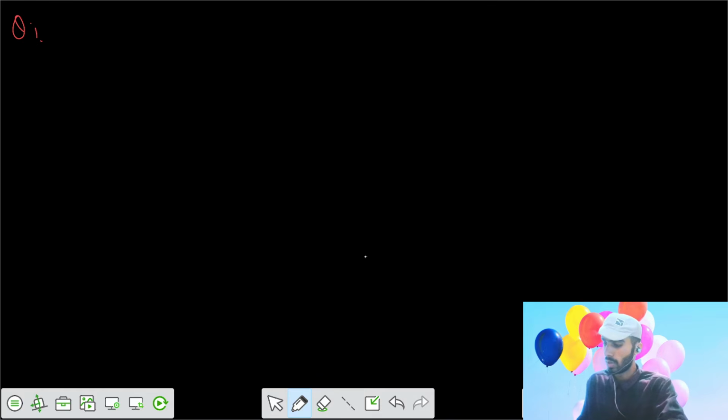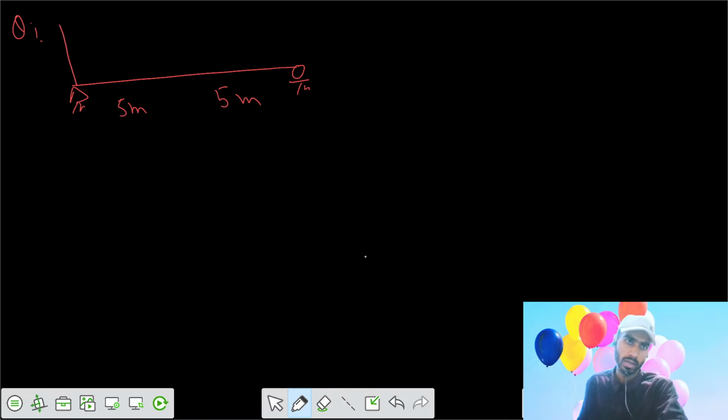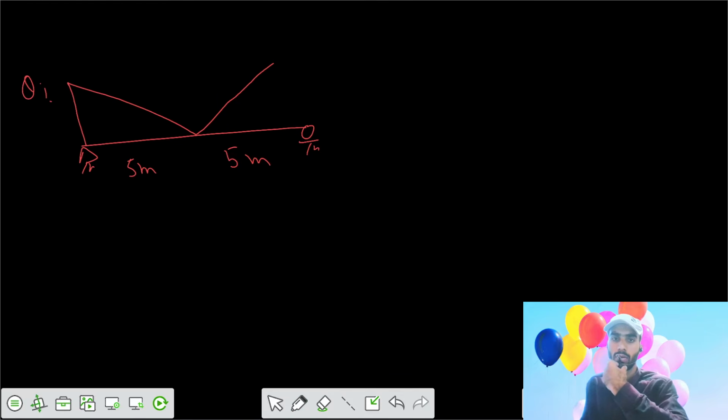Say you have a length of L equals 10 meter, your simply supported beam at 5 meter and 5 meter, and the loading is now such that at the supports it's maximum and at the ends it's 0.